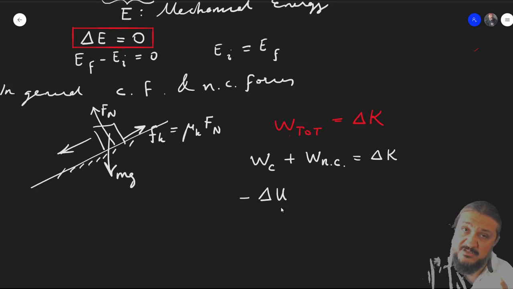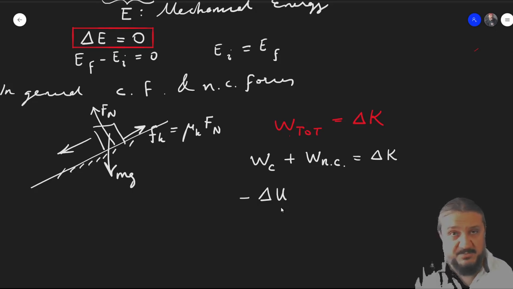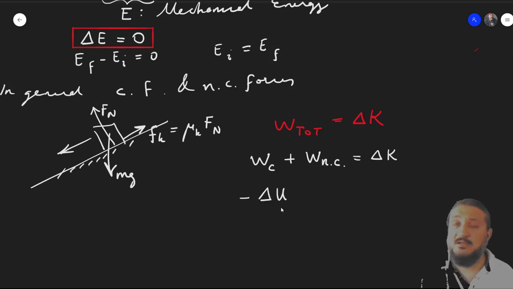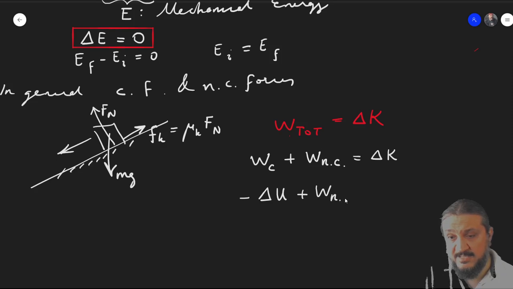It could be gravitational, which we know, mgy, or it could be some other potential force that corresponds to a conservative force. It could be the elastic potential energy, which I will define in a little bit, okay? But in general, that's negative delta U. So negative delta U plus work done by the non-conservative forces, such as friction, is equal to delta K.